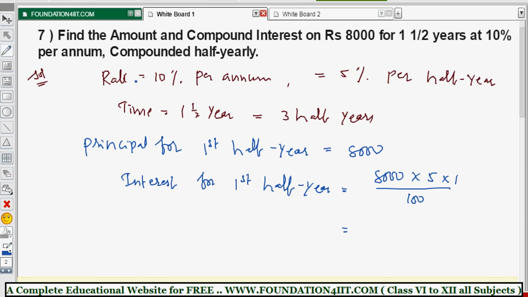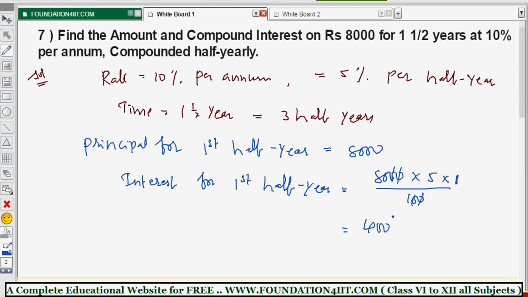The rate of interest is reduced by dividing by 2: 10% per annum becomes 5% for half year. So for the first half year I kept 1, don't get confused. 2 zeros cancel, 80 into 5 is 400. 400 rupees is the interest for the first half year.